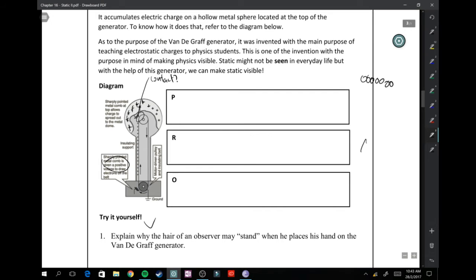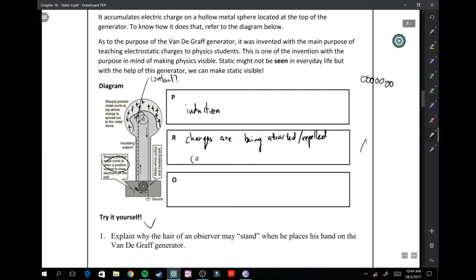Okay, so for the principle behind this, it will be induction also. Now the relatedness of this question then is how charges are being distributed. So charges are being attracted/repelled, okay, depending on what charges you are talking about, and who are the parties involved.